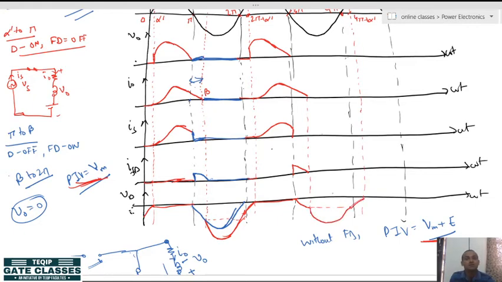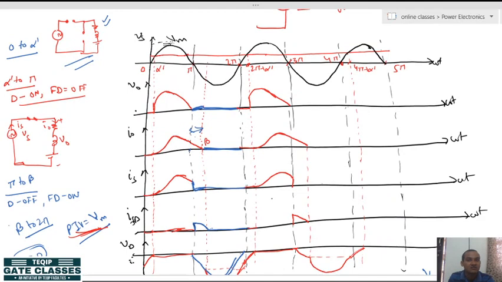Okay. Now, if you find the average output voltage here, you can see there is no negative portion now. So when there is no negative portion, the average output voltage comes out to be Vm upon 2 pi times 1 plus cos alpha dash.